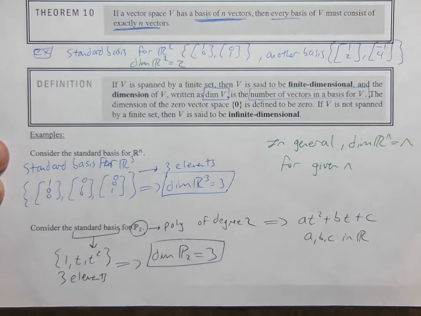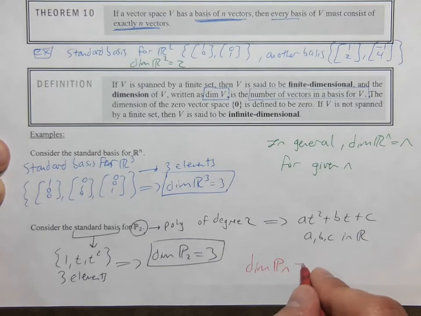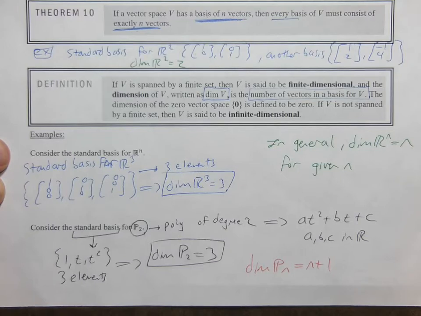If we were talking about P3, we would add a t cubed term, right? Because that would be degree 3. If we were talking about P4, we'd add 2 more terms, a t cubed and a t to the fourth term. And so with that in mind, take a second and think about what is the dimension of Pn. And so that would be degree n polynomials. Well, you're always going to need n plus 1 elements in your basis because you need 1 for every power, and then you need the constant term, right?